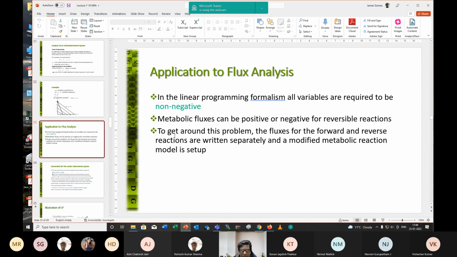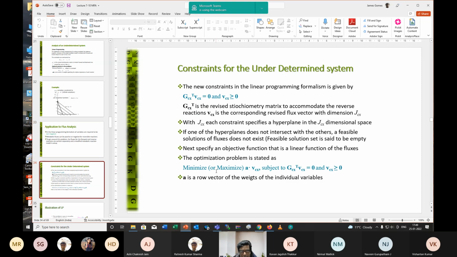And the next thing that you do, to get around the problem of the fluxes forward and reverse, is to write them separately and add them up as if they are individual reactions that are present. So that gives you this constraint formalism.